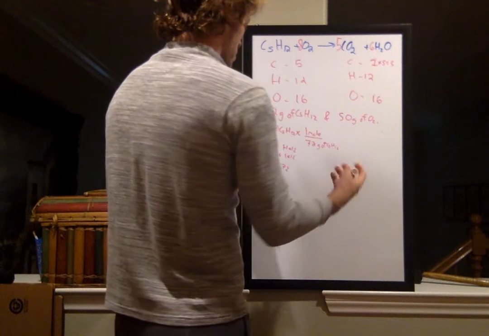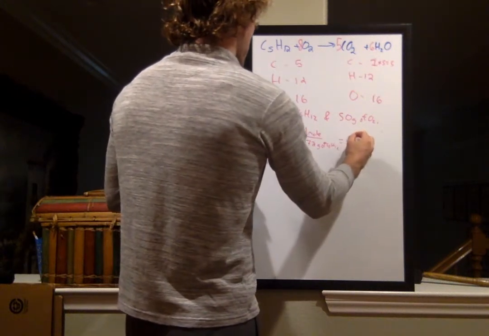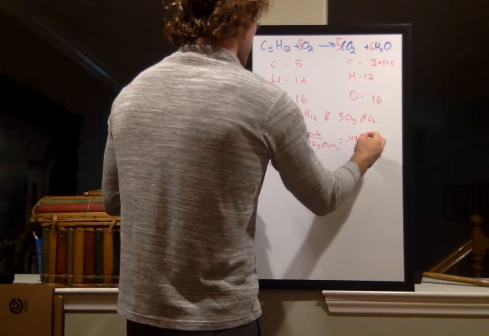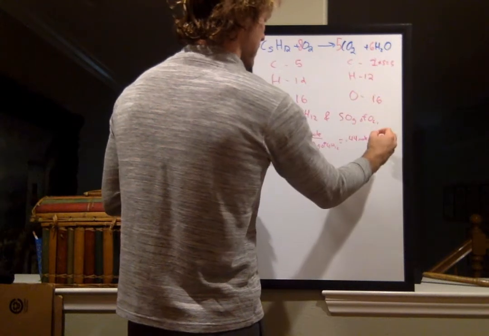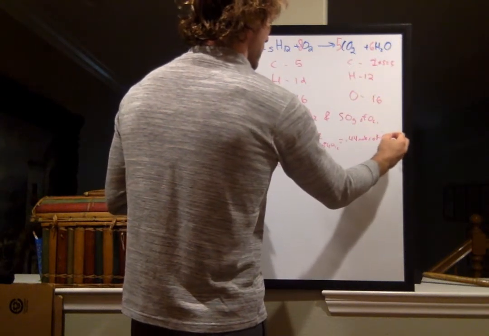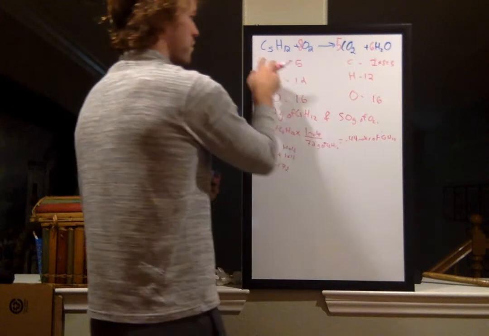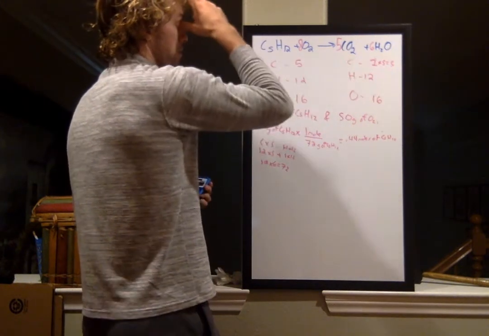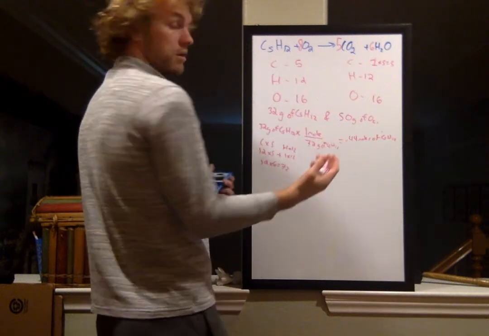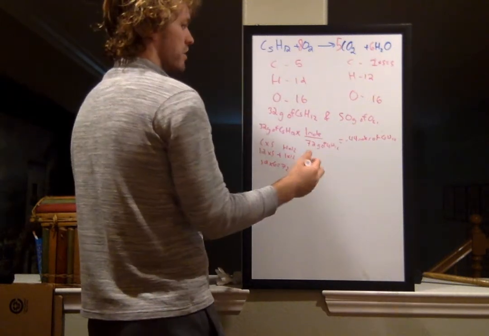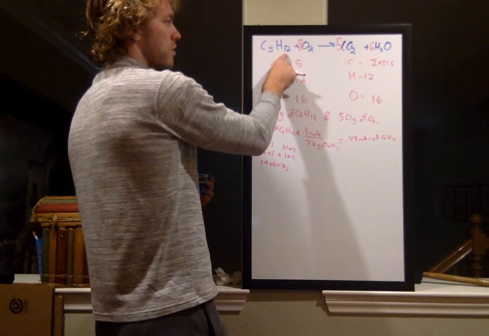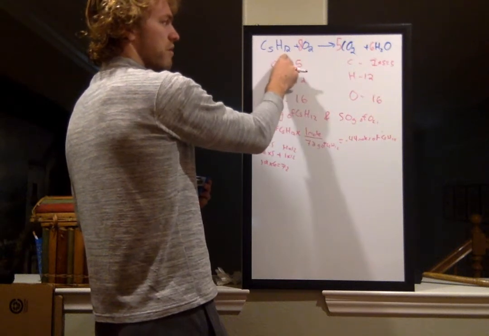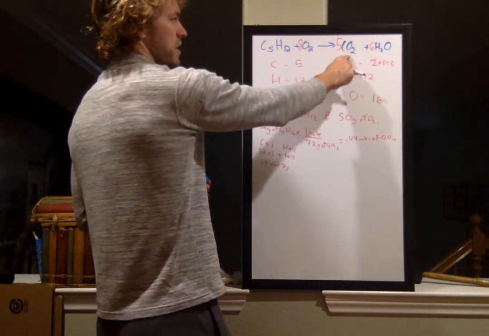So we have 0.44 moles of C5H12. If we have 0.44, how many molecules of carbon dioxide are going to be produced? We'll have to use the mole ratio. For every 1 molecule of pentane, C5H12, we get 5 molecules of carbon dioxide produced.